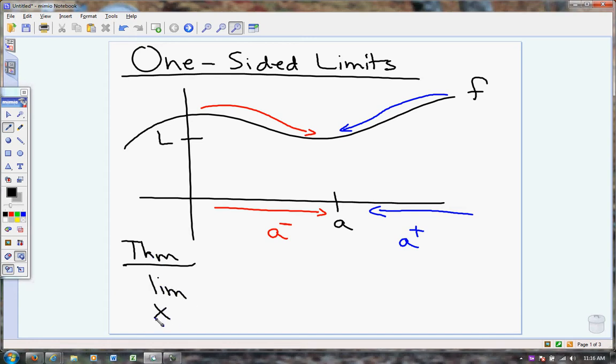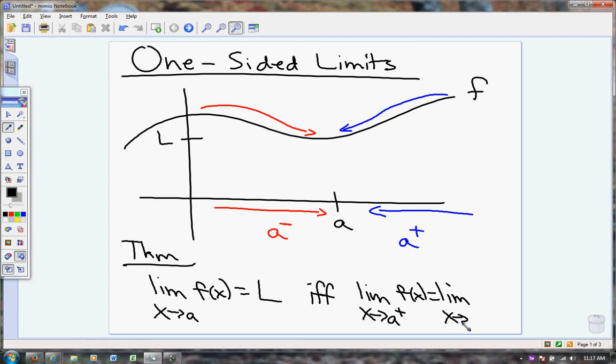The limit as x approaches a of f of x equals L if and only if the limit as x approaches a from the right of the function is the same thing as the limit as x approaches a from the left, and they both equal L. So if the left-hand and right-hand limits approach the same value, then we can say that the limit as we approach the value exists.